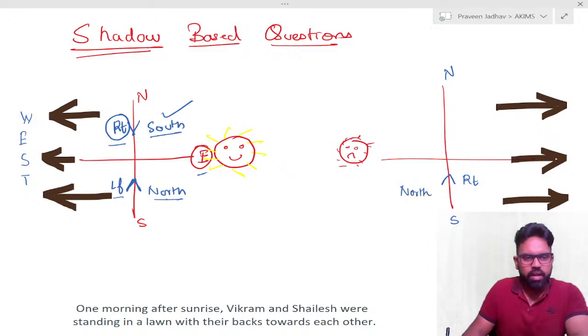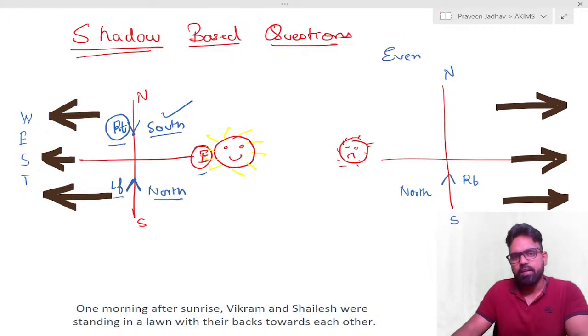But in the previous case, if the person was facing north, he was having a shadow onto his left. But when a person is facing north in the evening condition, what is this condition? Evening, or I can also call it dusk.